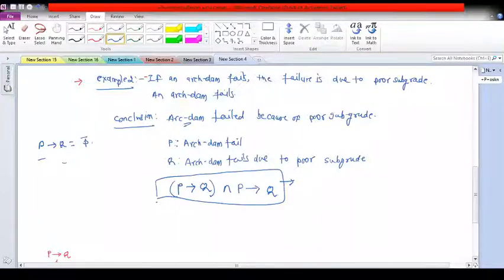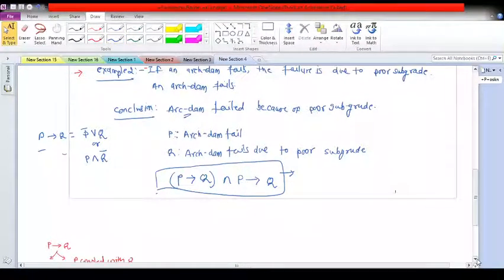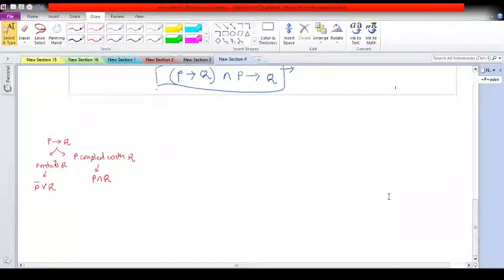P implies Q can be computed as P bar union Q, and in terms of contradiction, it will be P intersection with Q bar. So I can use one to prove the other: I can prove a tautology in terms of contradiction, or prove a contradiction by taking the help of a tautology. Let us check whether this is a tautology or not.